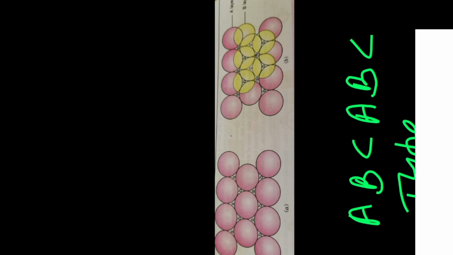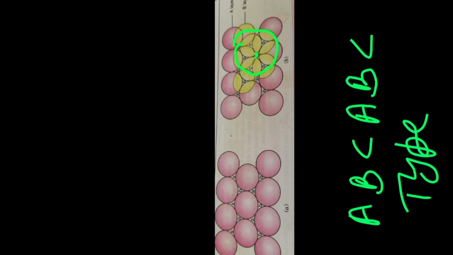Because in this case, if we put the sphere on void D, this is the void D, then we get a new layer of spheres, and that is called layer C. That is why it is called ABC type of arrangement. Clear?